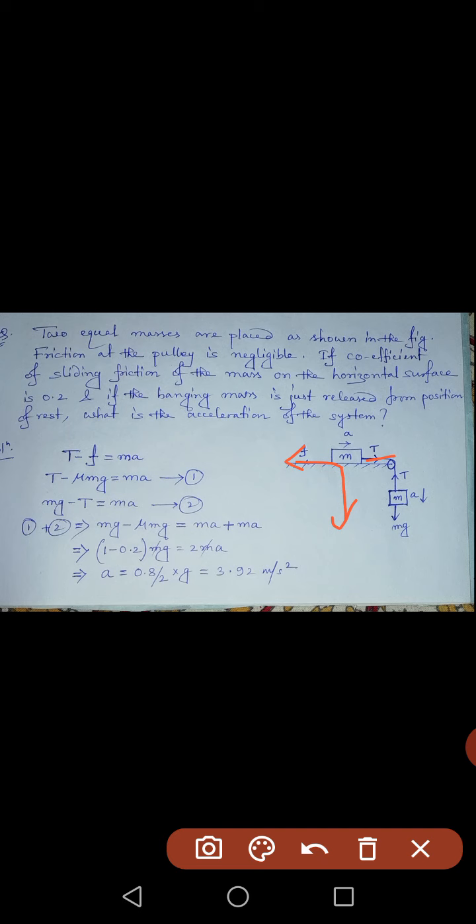Since the object is going this side, frictional force will be backward. Since the object is moving this side, the tension should be greater than the frictional force. How much greater? ma. That means T minus f gives us the resultant force ma with which the object is going this side. So that's what I have written, T minus f equals ma.